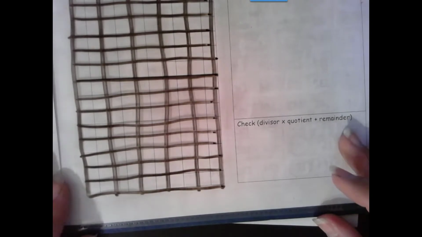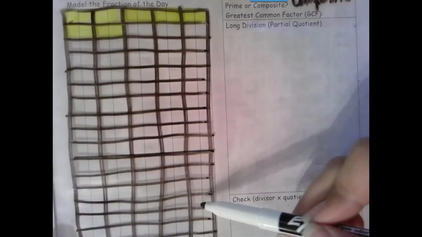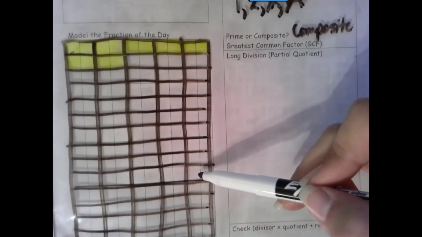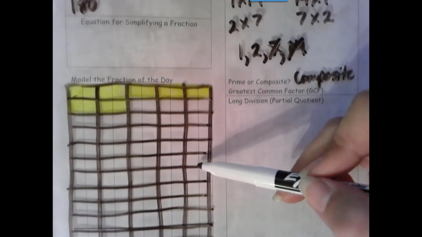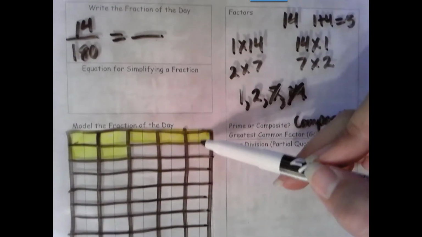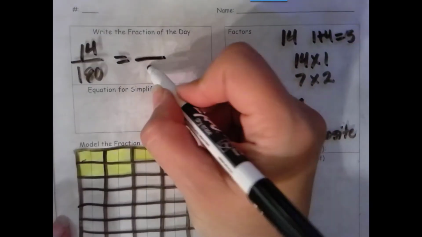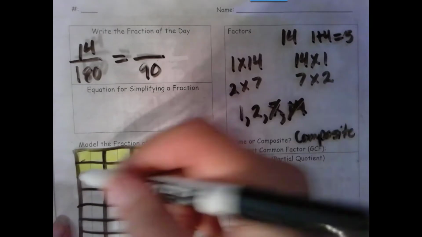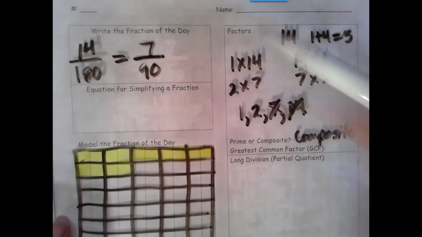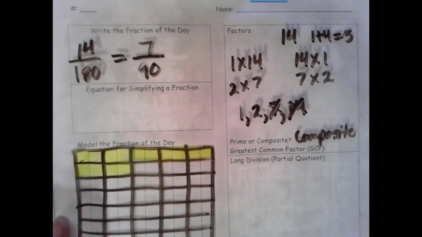Two worked. There are no remainders. So now I'm going to find how many total groups of 2 I have. Each of these rows has 5 groups of 2, so I can count by 5s. 5, 10, 15, 20, 25, 30, 35, 40, 45, 50, 55, 60, 65, 70, 75, 80, 85, 90. We have 7 of those groups of 2 shaded in.